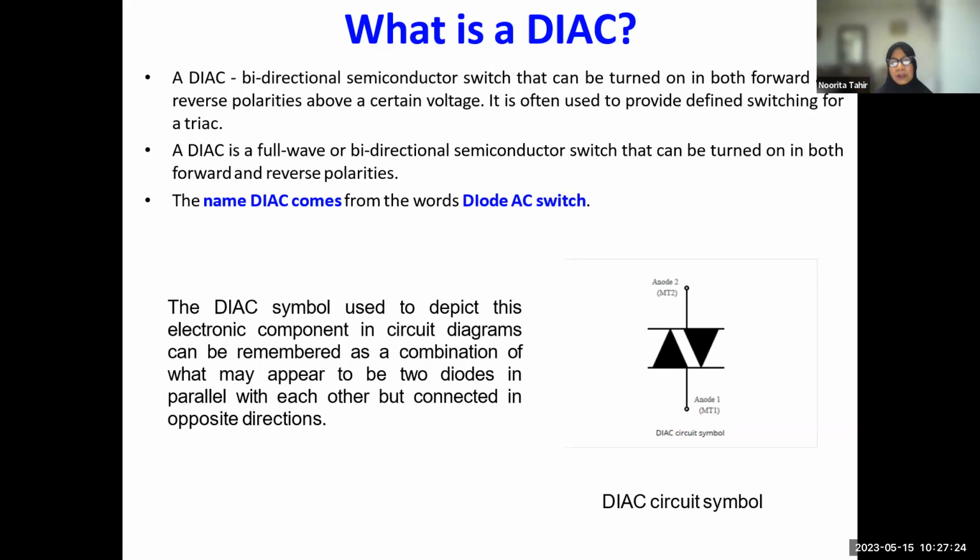Yeah. So dia ni adalah a better version of triac. So a diac is actually a full wave bidirectional semiconductor, which can turn on in both forward and reverse polarity. So the name of the diac comes from the words diode AC switch.